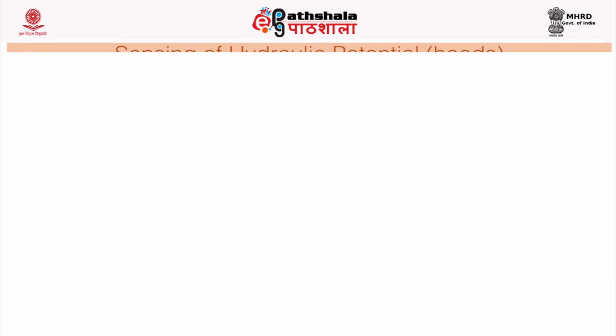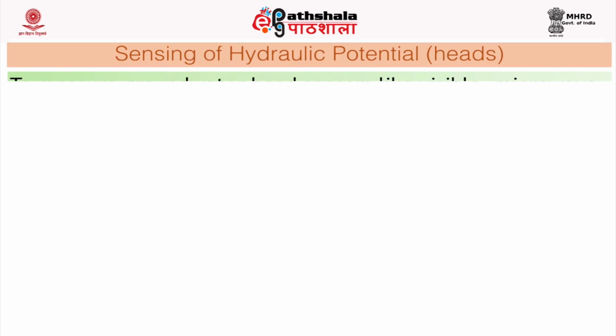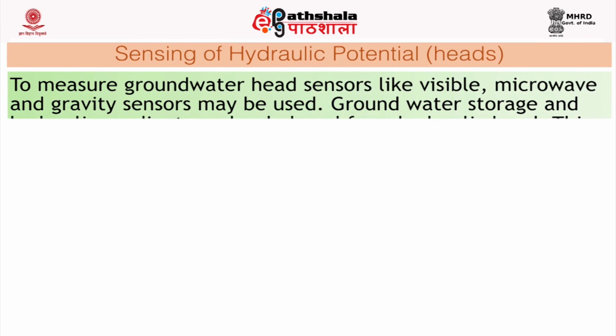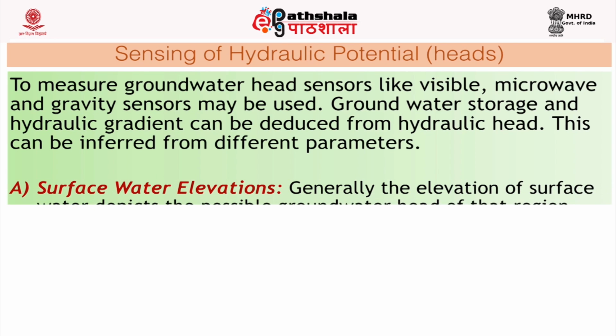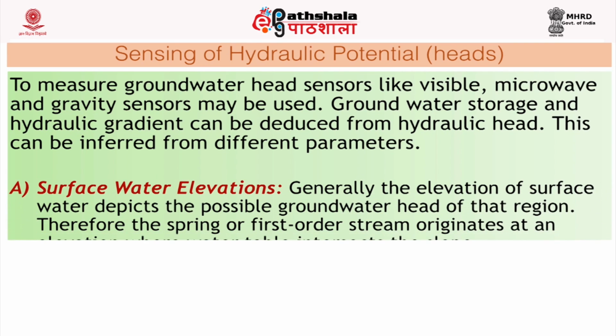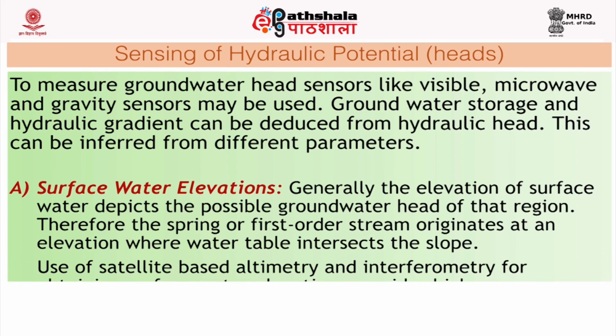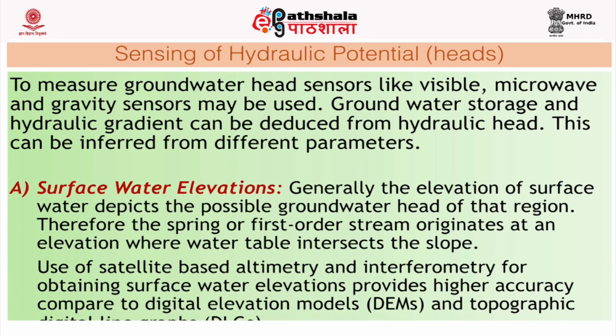To measure groundwater head, sensors like visible, microwave and gravity sensors may be used. Groundwater storage and hydraulic gradient can be deduced from the hydraulic head. This can be inferred from different parameters. The first one we will discuss is the surface water elevation. Generally, the elevation of surface water depicts the possible groundwater head of that region.